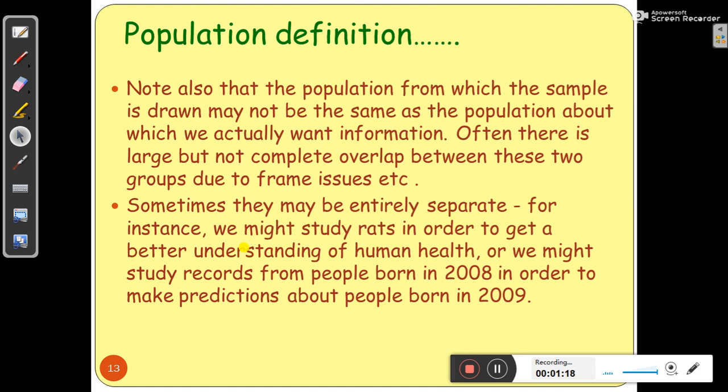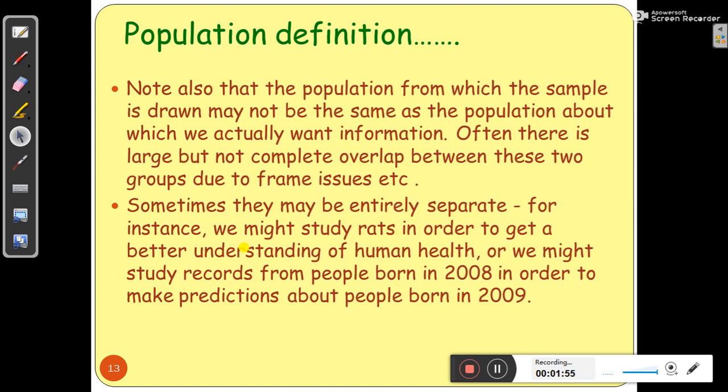Often there is large but not complete overlap between these two groups due to frame issues, etc. Means there might be overlap between the sample and population due to frame issues, but there should not be a complete overlap.